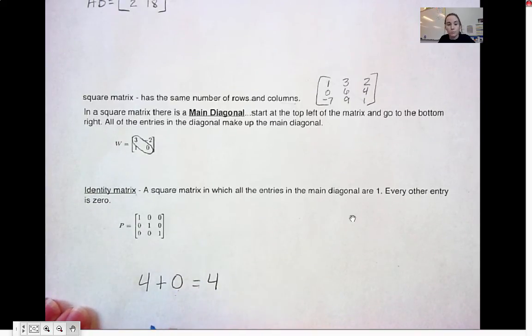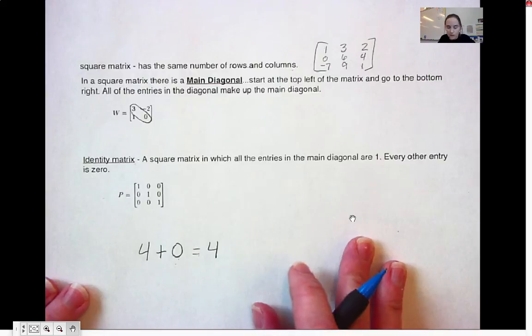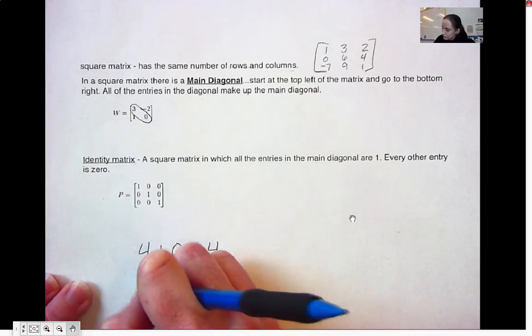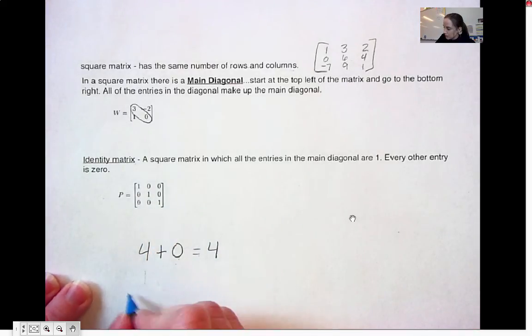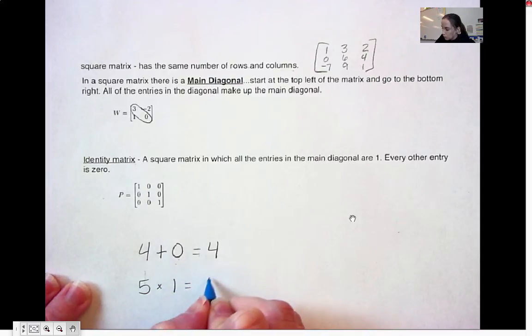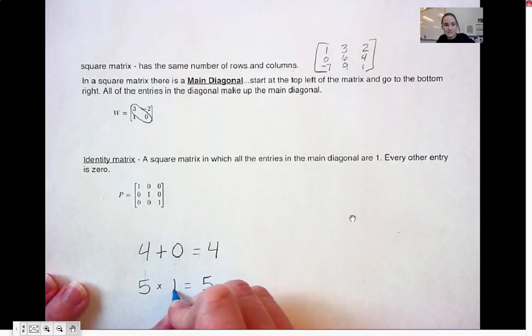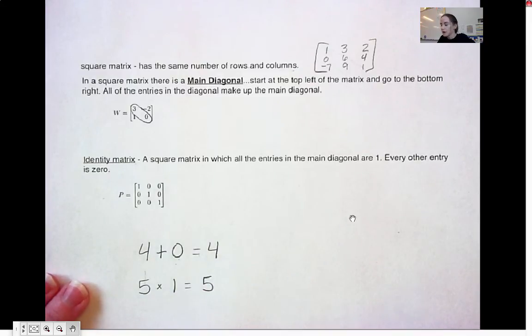If we do a multiplicative identity, think of multiplication. Let's do 5. Whatever your number is when you begin, if you multiply it by 1, you will get that number back. So 1 is the identity.